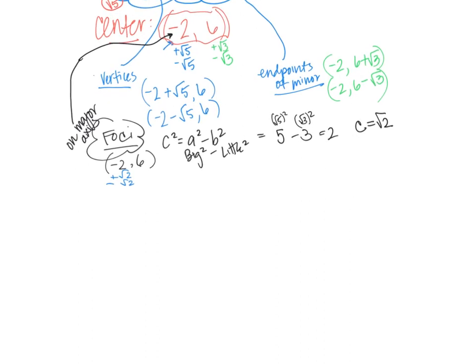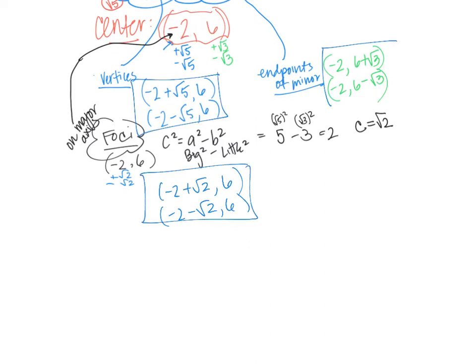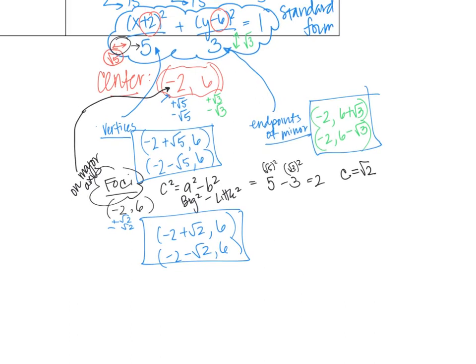So then my foci will be negative 2 plus the radical 2, 6, the y doesn't change, just moving left and right, and negative 2 minus the square root of 2, 6. So I have my foci, I have my vertices, my endpoints of my minor axis, and my center.